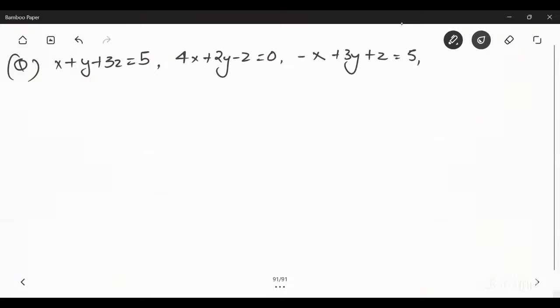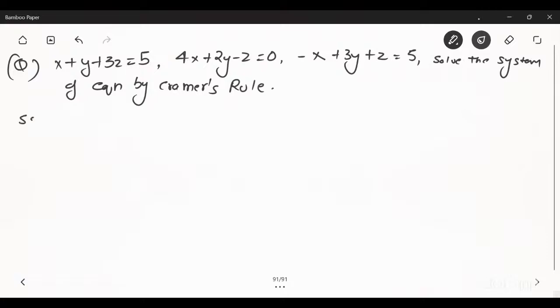Solve the system of equations by using Cramer's rule.